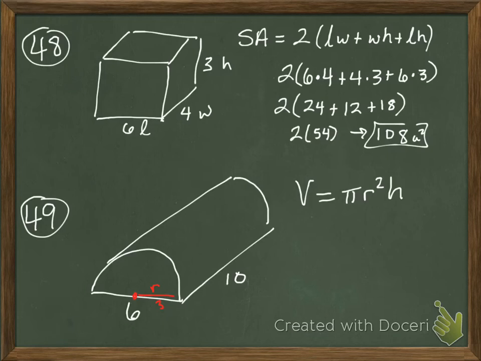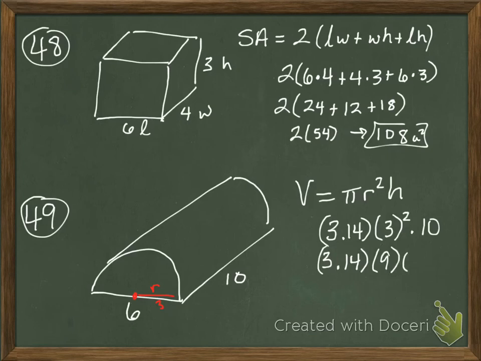All right, so our formula is going to be 3.14 for pi times r, which is 3 squared, times h, which is 10. So 3.14 times 9 times 10. We multiply all three of those together.